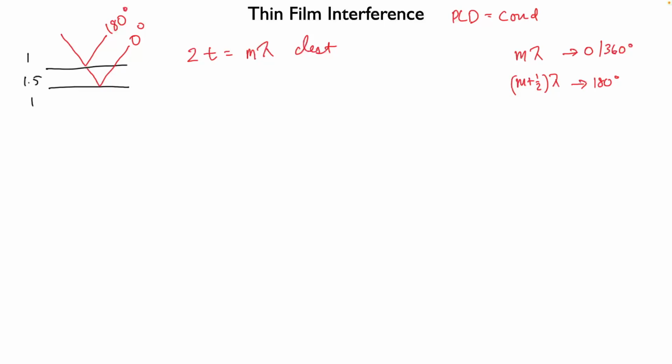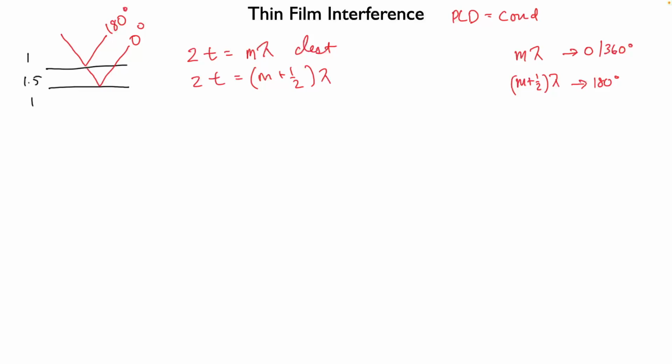Hang on. The other condition, m plus a half lambda, we're saying that we're going to tune the thickness of this material so that the path length difference is equal to a half integer multiple of the wavelength. Meaning, when it travels that extra distance, it will shift its phase by 180.